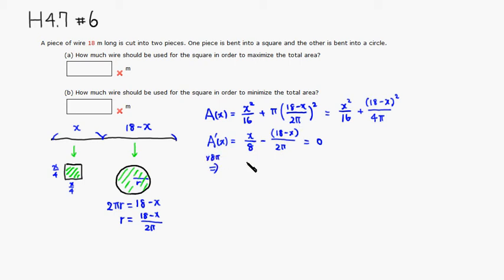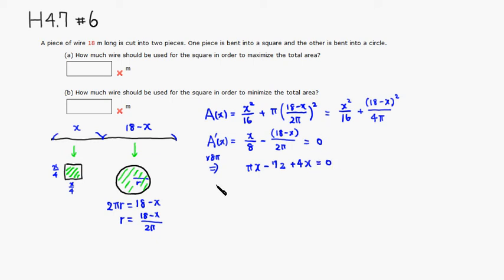That way you're going to get pi x minus 8 pi and 2 pi, so it's 4 times 18, which would be 72, minus, so it's going to be plus 4x. Right, so this is going to be equal to 0.